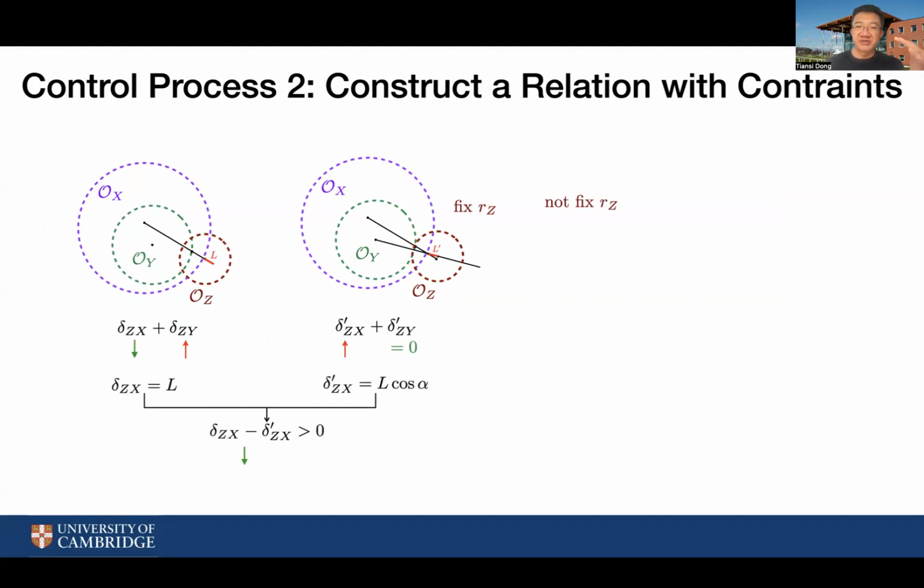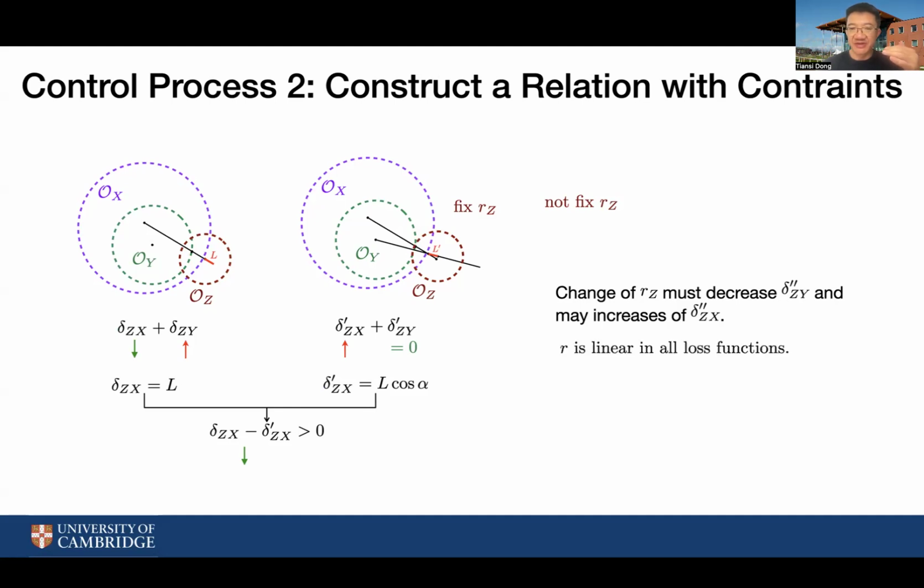If during the process the radius of Z increases, this must reduce the loss between Y and Z. In the worst case, this would increase the loss between X and Z. However, if we look at the delta function, all the delta functions are linear to the value of the radius.